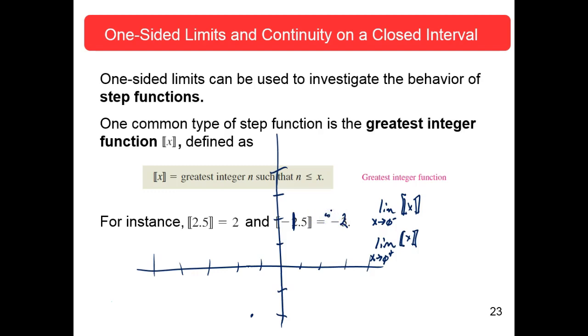Okay, now let's start with 0. The greatest integer less than or equal to 0 would be 0. And that would be true for 0.1, 0.2, 0.3, 0.4, 0.5, 0.7, 0.9, 0.95, 0.999, 0.9999999.